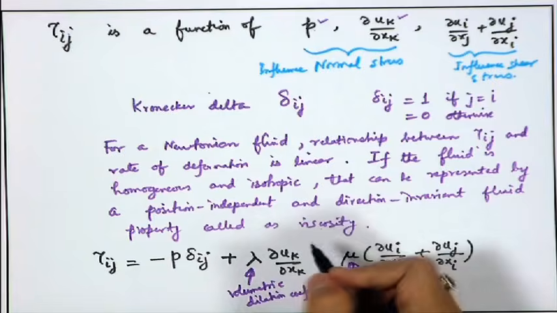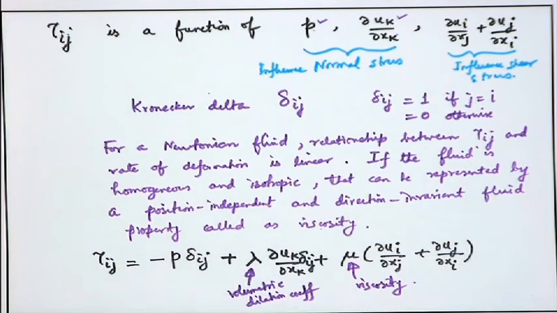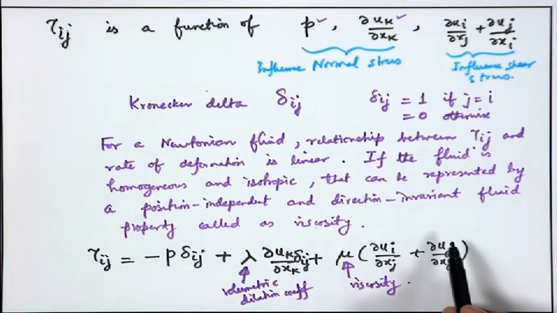We will soon clarify that tau equal to mu du dy is a special case of this. If I get back to the expression that I have written, I have missed one delta ij here, so please write this delta ij.